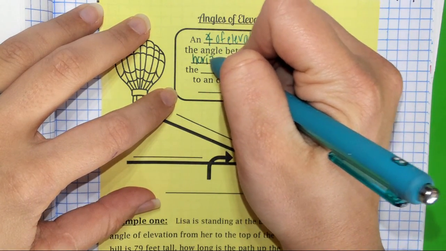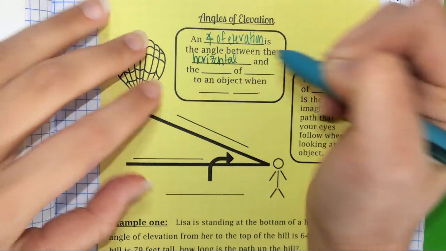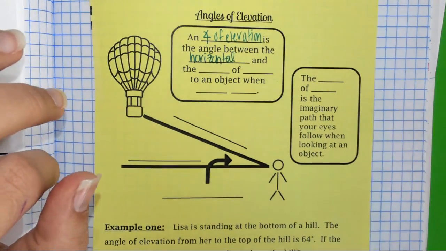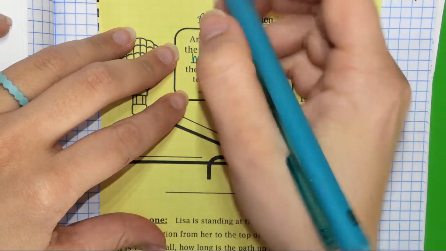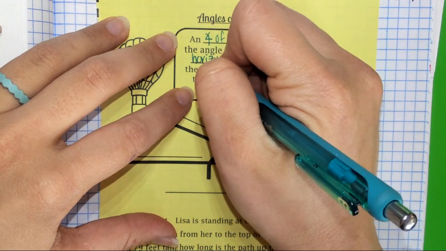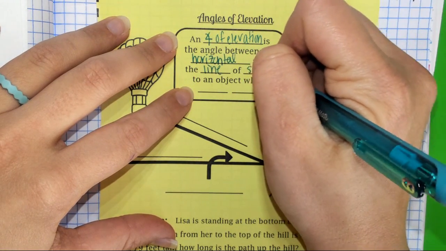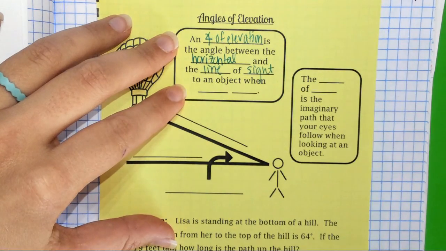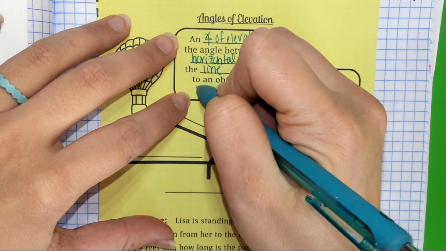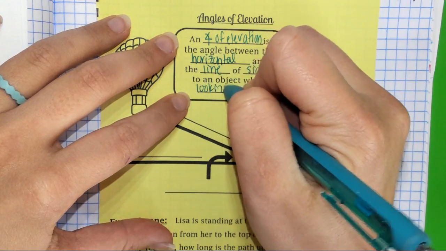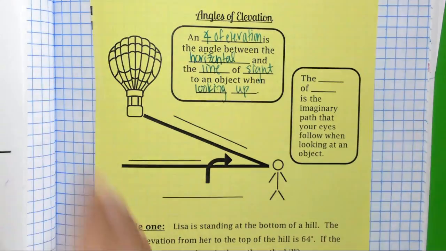Which way is horizontal? Right and left. Yes. Good. Take a point. And the line of sight to an object when looking up.